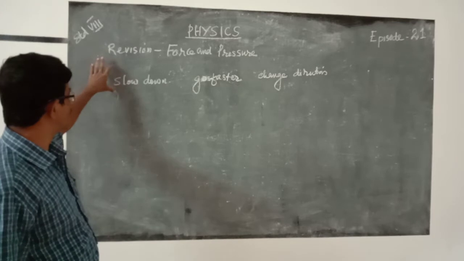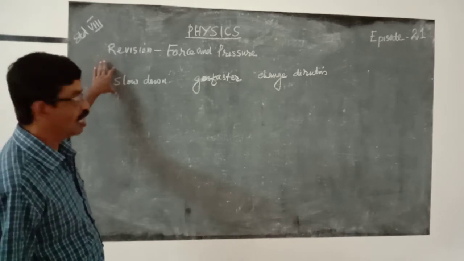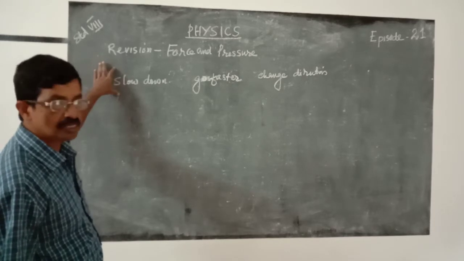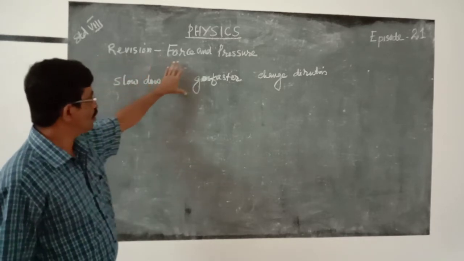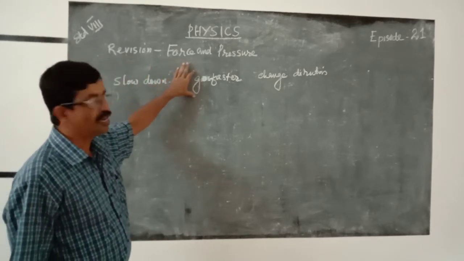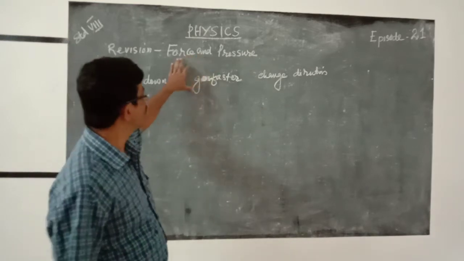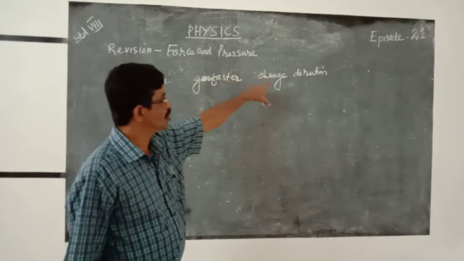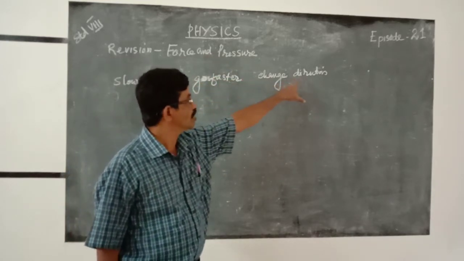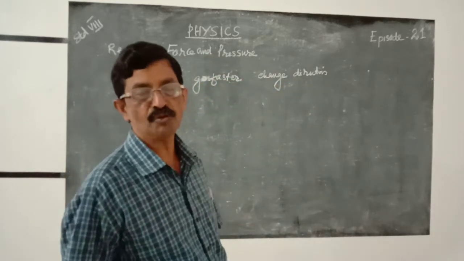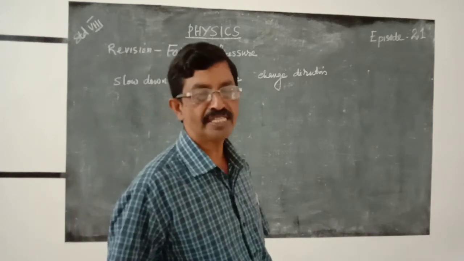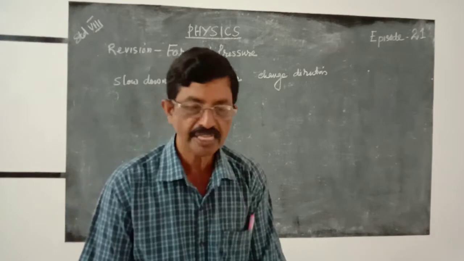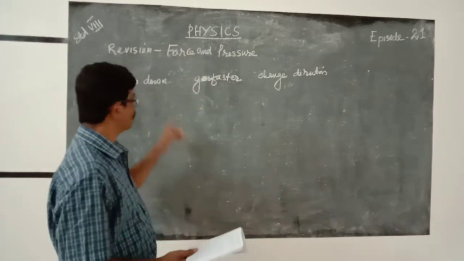What makes an object slow down, or what can make a moving body go faster, or change the direction of a moving body? For all this, what can do these changes?